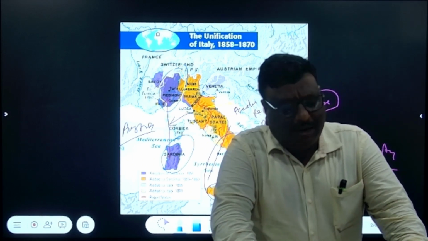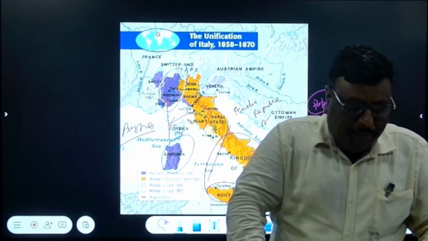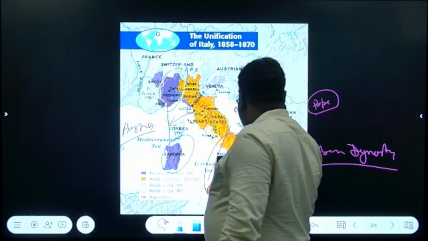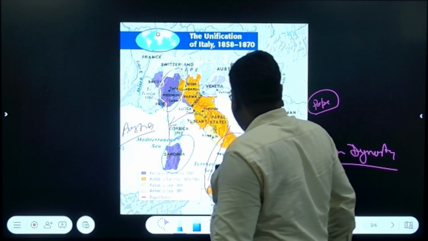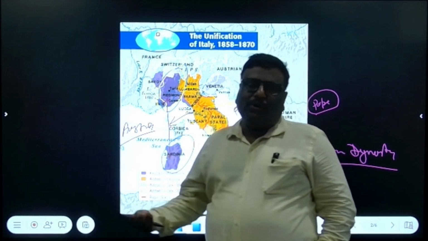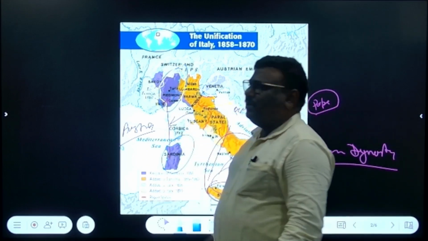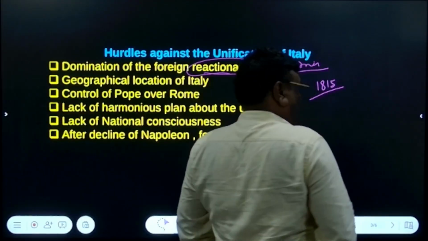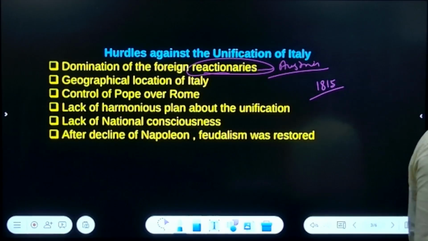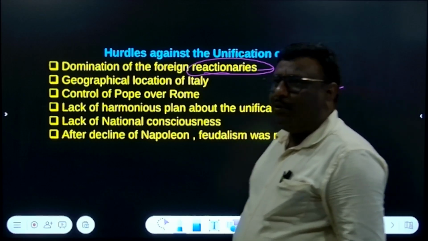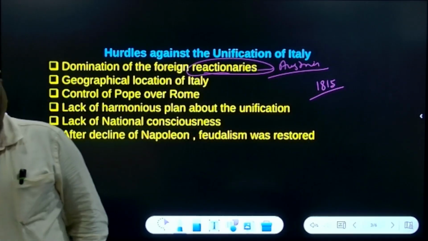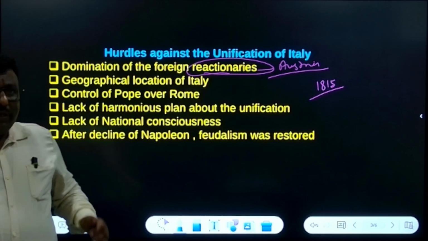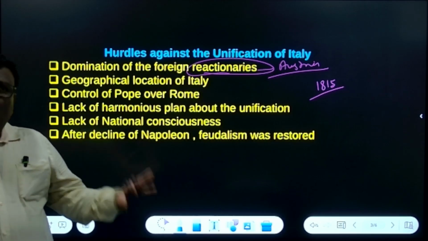Parma, Modena and Tuscany were indirectly controlled by Austria, and Sicily and Naples were controlled by the Bourbon dynasty. So indirectly, the entire peninsula was controlled by foreign reactionary powers. The Bourbon dynasty was also reactionary. When you study the French Revolution, you will see how reactionary Louis 14, 15 and 16 were, and they were related to the Bourbon dynasty.